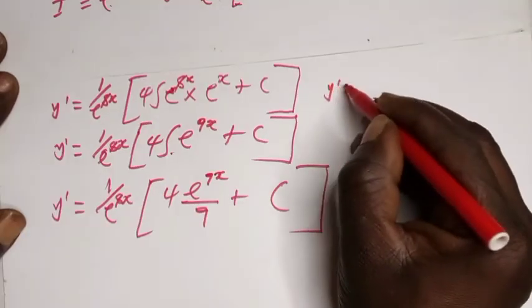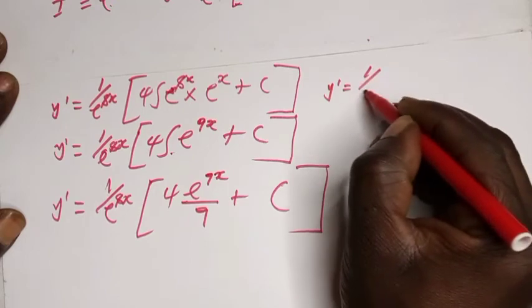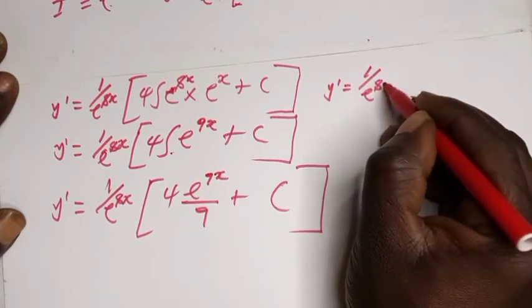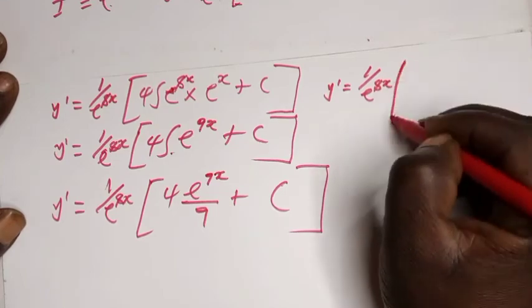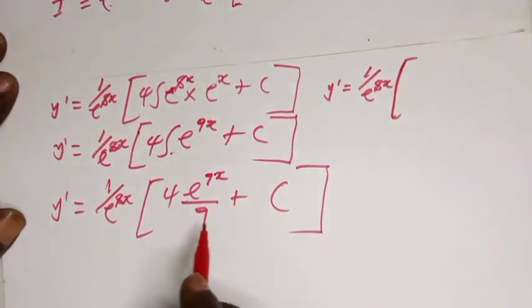Y equals 1 over e power 8x, open brackets, open square brackets. Then here let's multiply.